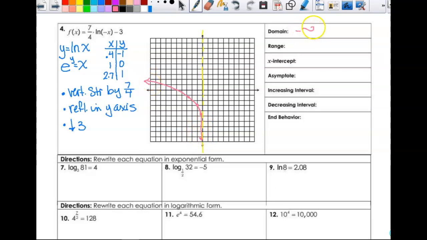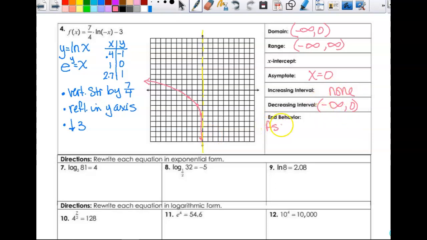Domain, -infinity to 0. Range, -infinity to infinity every time. My x-intercept, I have one, but I'm going to have to go figure it out in just a second. Asymptote is at x equals 0. It is decreasing the whole time, so I have none increasing, and it's decreasing from -infinity to 0.